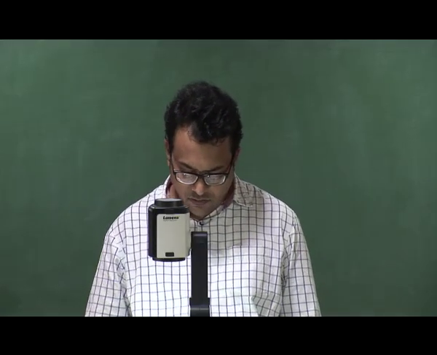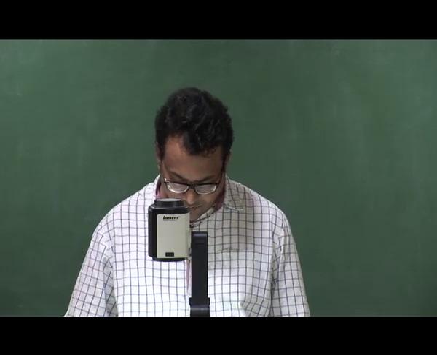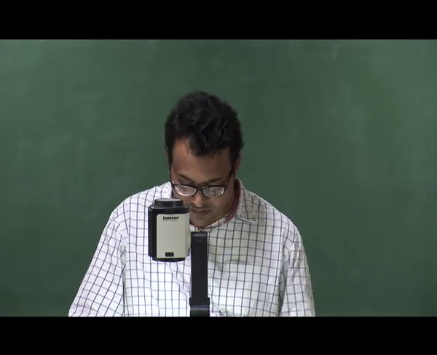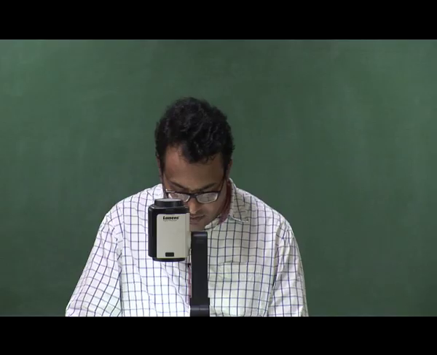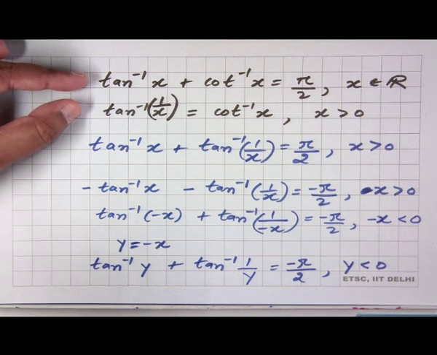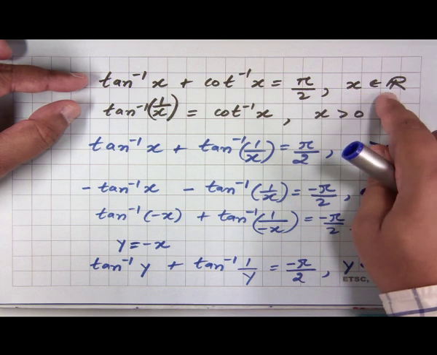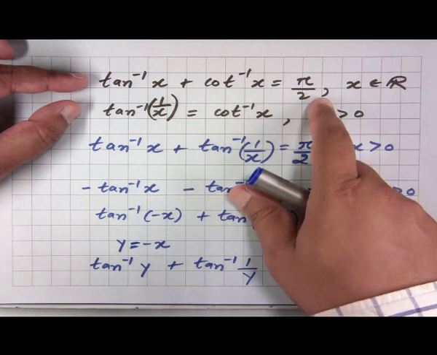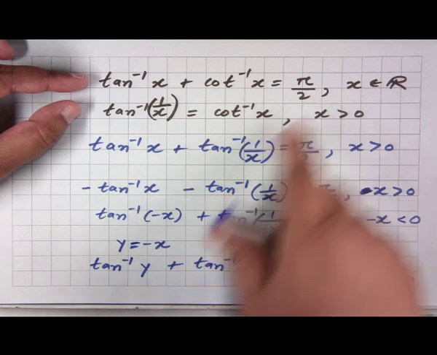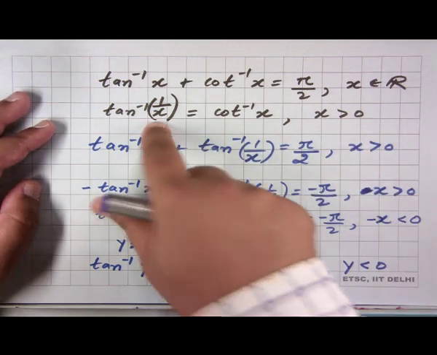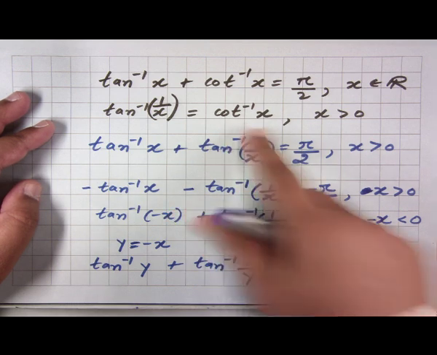To show these three conditions, we will need a small result, which is something that we have already seen in the previous lecture, but I still thought of writing it down here. From the previous lectures, we have seen both these properties. One was that for any real x, the sum of tan inverse x and cot inverse x is pi by 2 always, and also that if x is positive, then tan inverse of 1 over x is the same as cot inverse x.